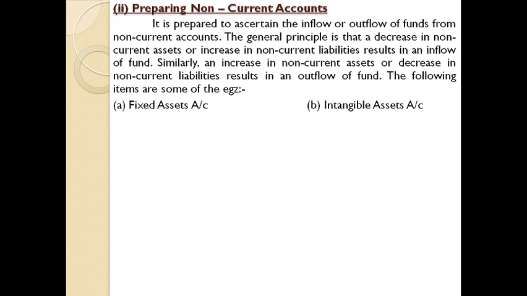For identification purposes, you need to prepare various ledger accounts for fixed assets. Whenever provision for depreciation is given on the liability side of the balance sheet, fixed assets will be given at cost. Remember, whenever provision for depreciation is given on the liability side of the balance sheet, fixed assets will be at cost.